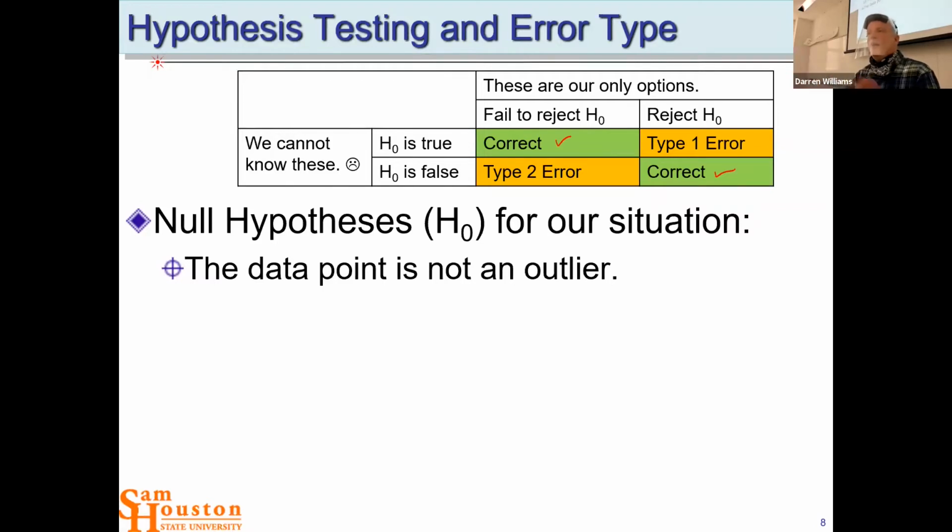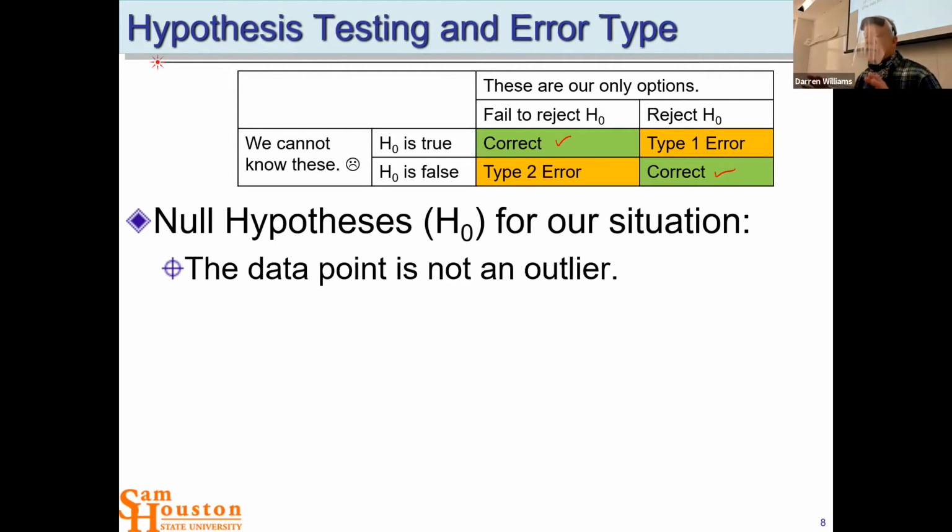You don't need to know anything about the test to understand it if you talk in terms of the null hypothesis. Okay, and so you always need to fall back on this table to say, what is the null hypothesis for this test? And then you can define what a type 1 error and a type 2 error is.